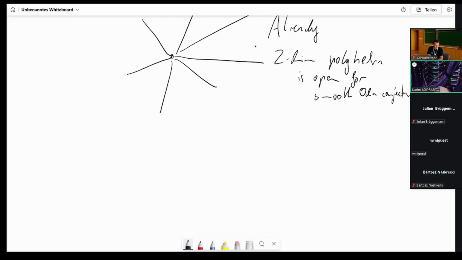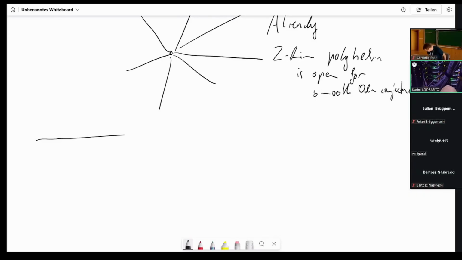All right. So let me try to give you an intuition of what is going on. I will basically argue that it's all about finding a nice decomposition of a polyhedron.